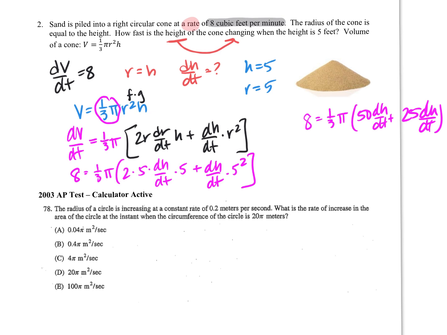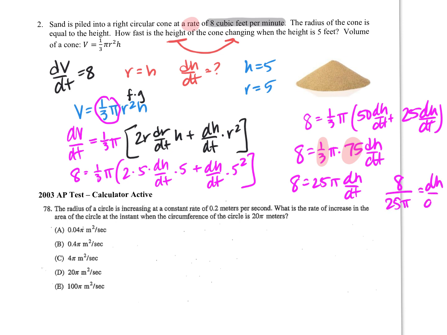Okay, what's 50 dH/dt plus 25 dH/dt? 75 dH/dt. 1/3 pi 75 dH/dt. Can we multiply 1/3 times my 75? Yeah. So we have 8 equals 25 pi dH/dt. What would my final answer be? 8 over 25 pi. Equals my rate of change of the height.